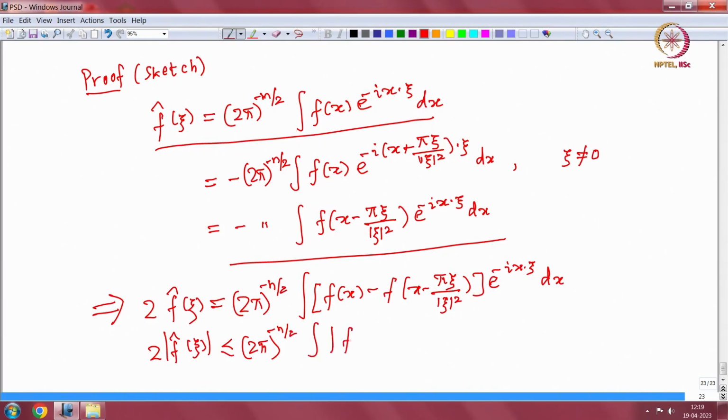This is just f of x minus the translated f, and that tends to 0. The same expressions and the same idea will also prove the continuity.